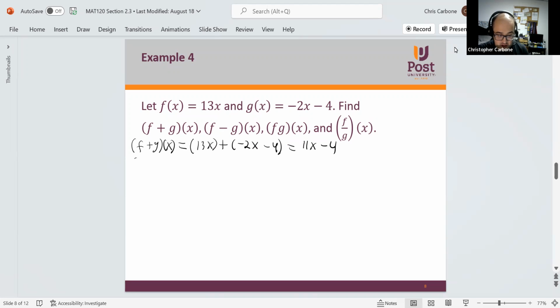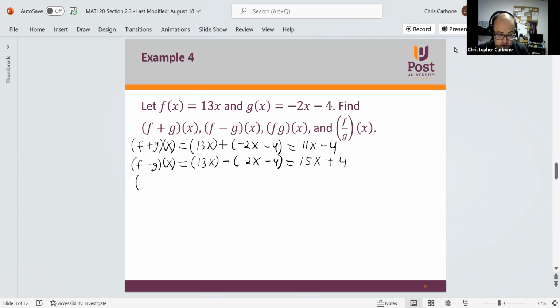For f minus g of x, this would be 13x minus negative 2x minus 4. So we would have to make sure we distribute the negative throughout in the g of x function, but this would make 15x plus 4.